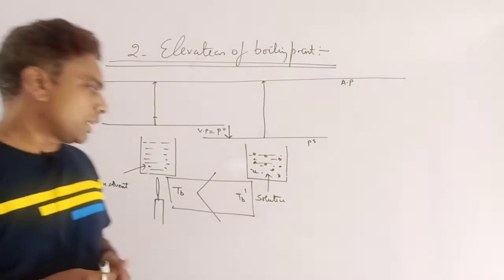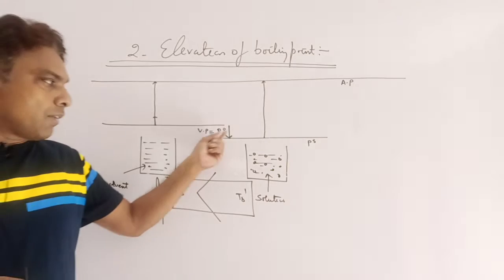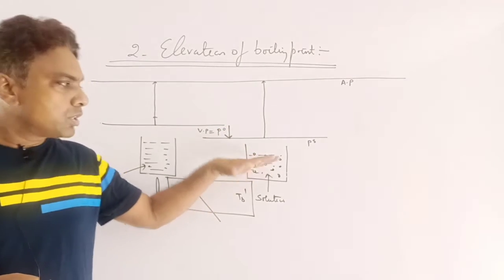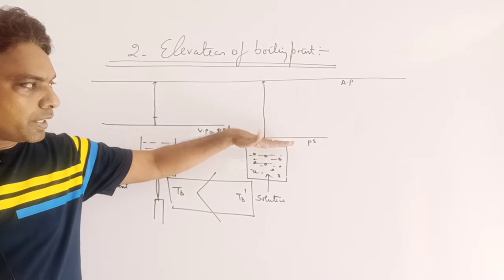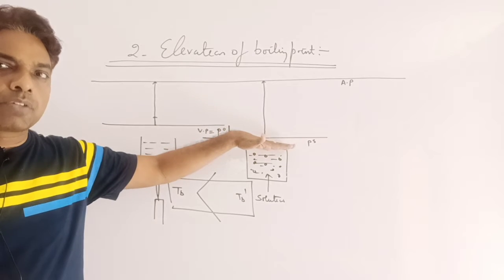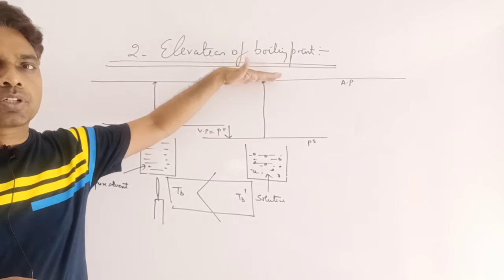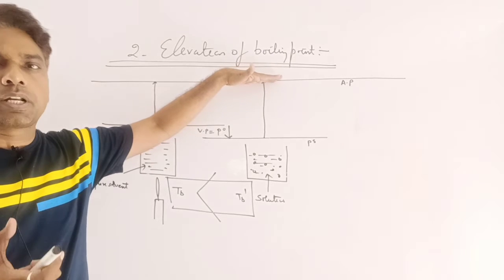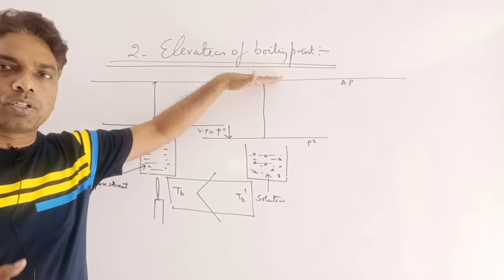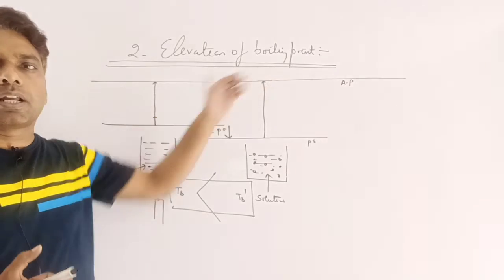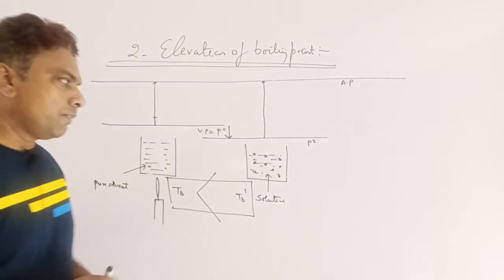So after mixing a small amount of solute, the decreased vapor pressure requires more temperature to reach atmospheric pressure, so the boiling point of the solution is greater than that of the pure solvent.